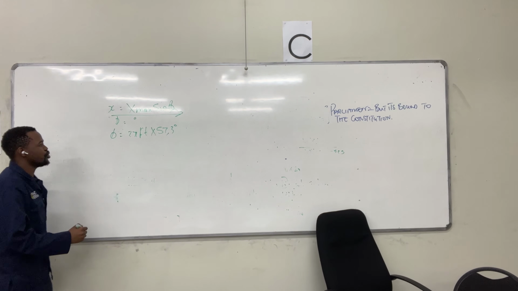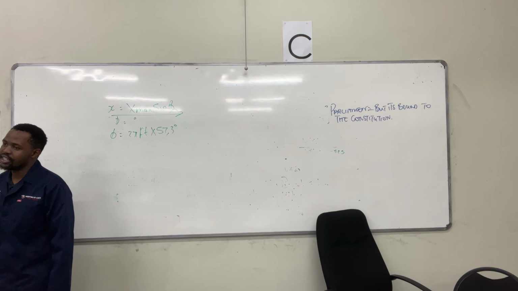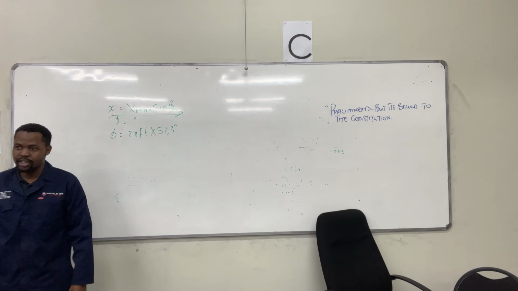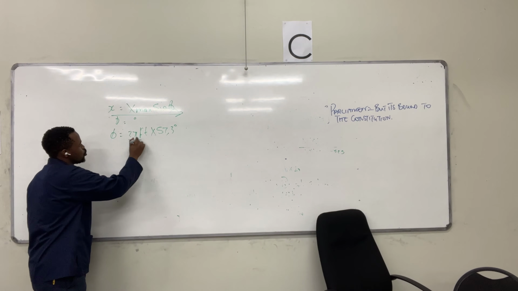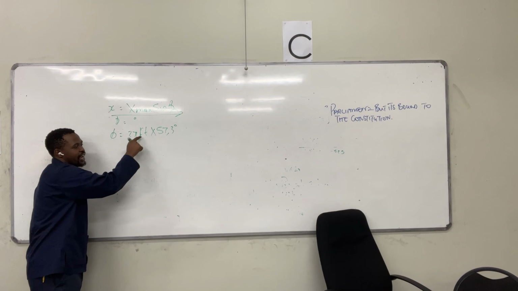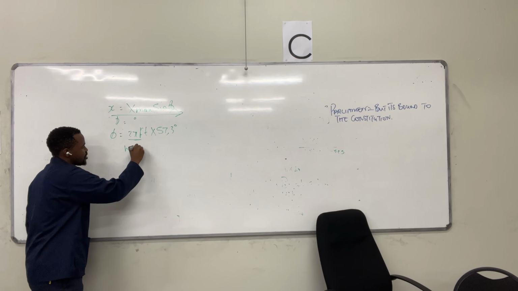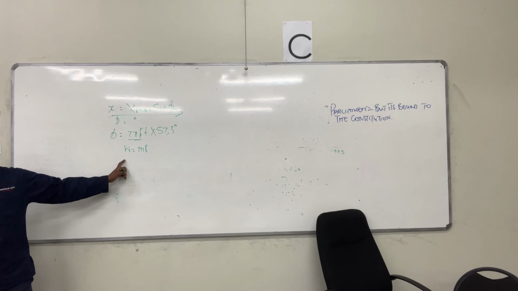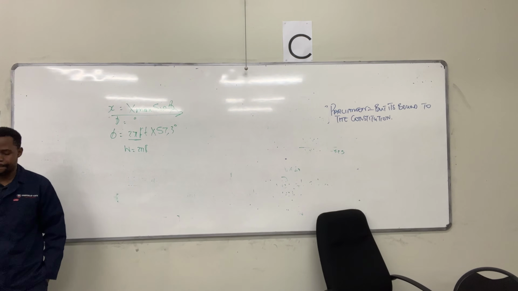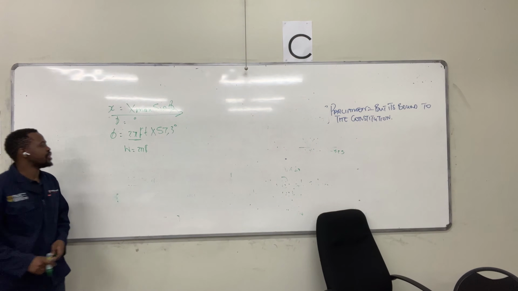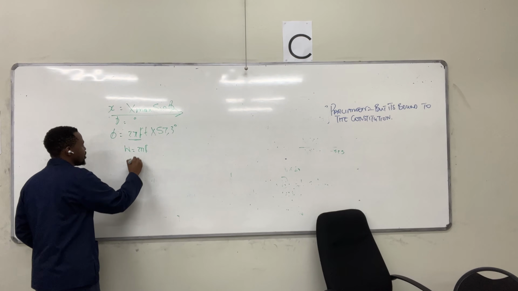Because sometimes you will be given an angular velocity. 2 pi f is equal to angular velocity. Then times t.